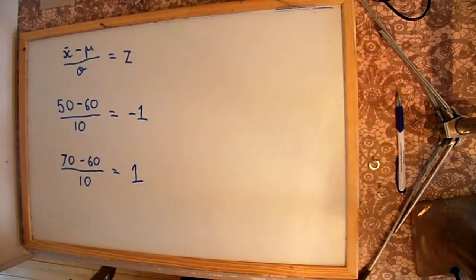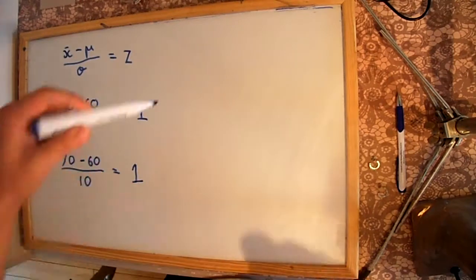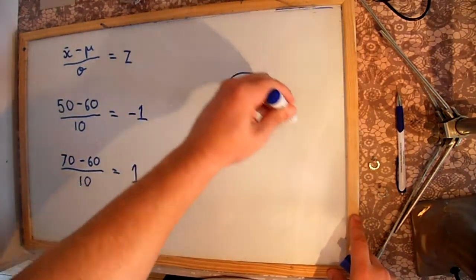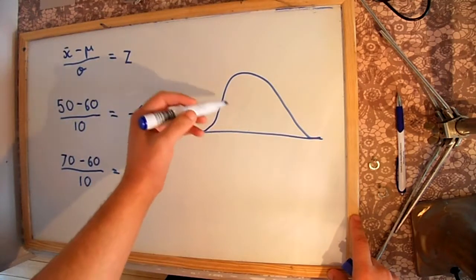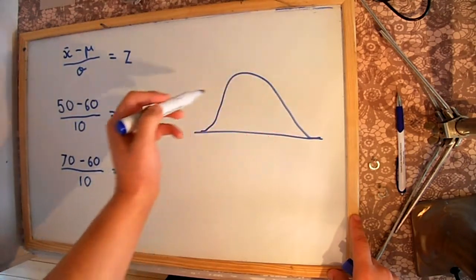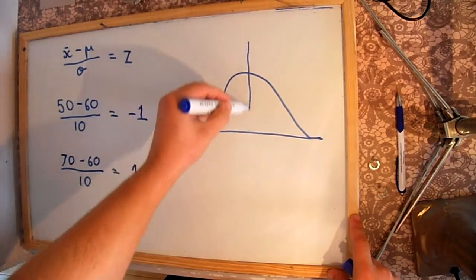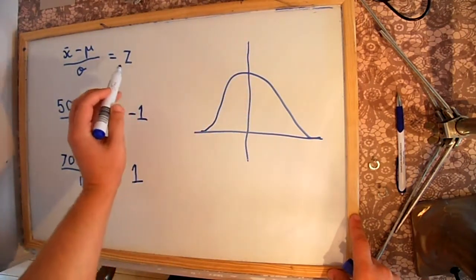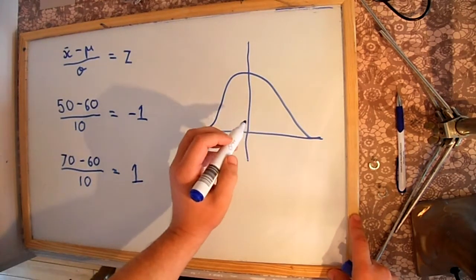So to find part A of the question, we're going to have to find the z values for the normal distribution curve, which is basically like this. This would be the normal distribution curve for the population of students, and z shows basically the standard deviation from the mean.